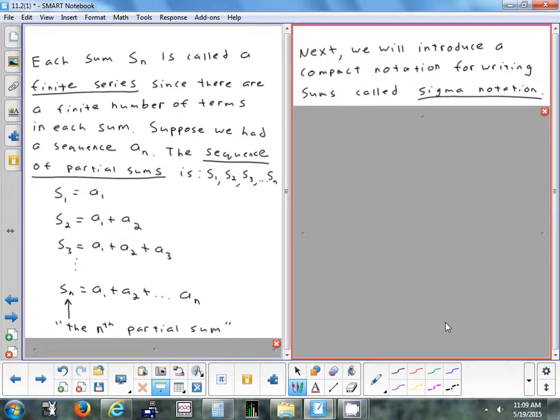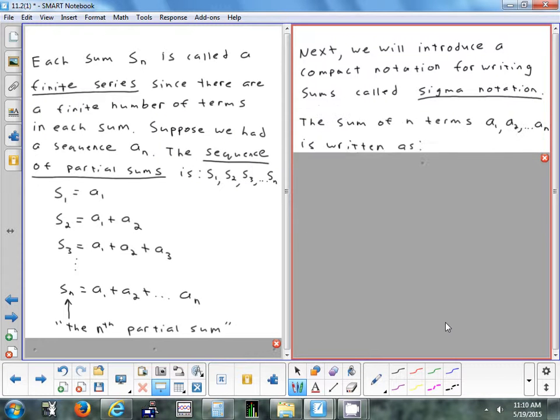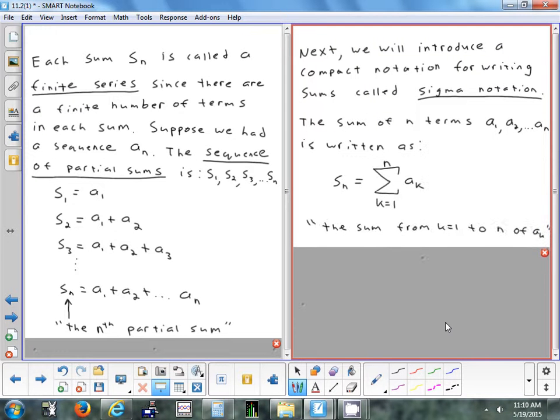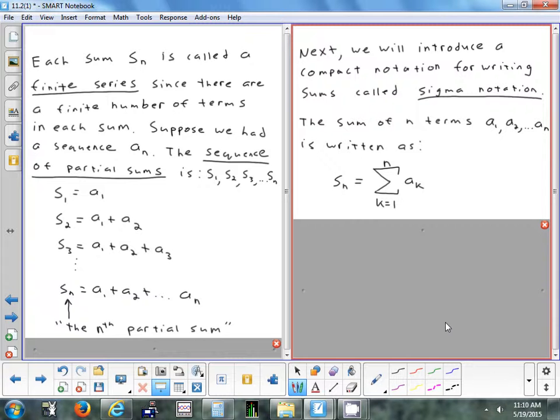All right, so next thing we're going to look at is what's called sigma notation. Sigma notation is a shorter way of writing out a sum. Suppose you wanted to add up n terms, and you want to start with the first term. So you put k equals 1 at the bottom.